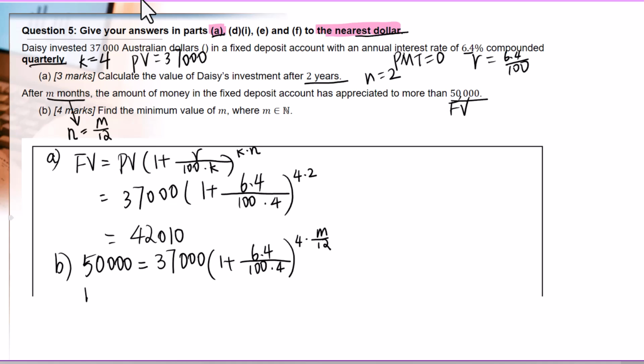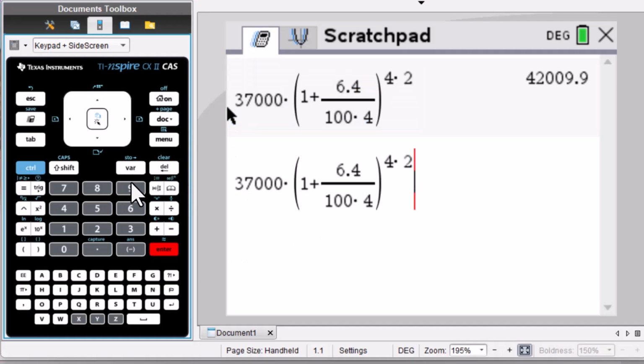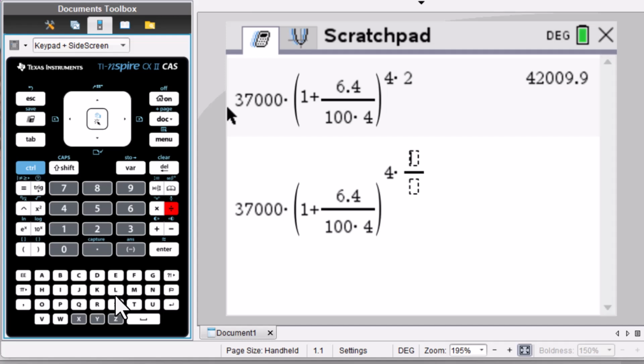We will use the equation solver. Compounding interest formula, we don't have to worry about the sign of money. We'll go up, enter. Then I will change this 2 into M divided by 12.